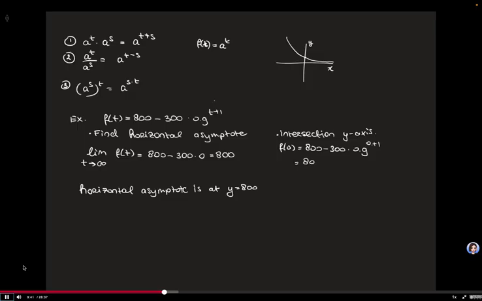So then we get 800 minus 300 multiplied by 0.9, and that is equal to, if we type it in our calculator, 530. Alright, so that's really nice.